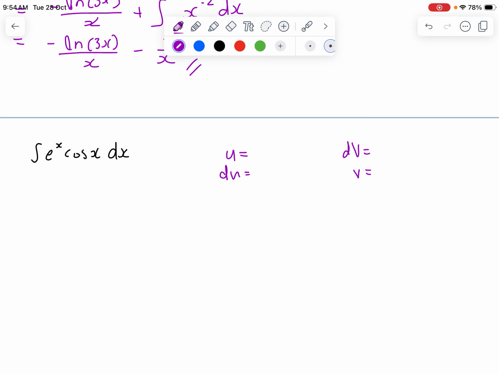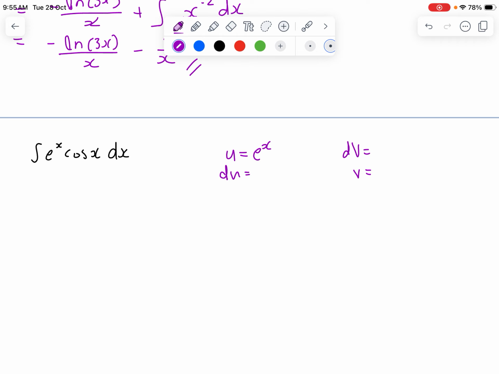Honestly, putting in both is fine, because if I put e to the x here and cosine of x here, my v is going to be sine in some way, and if I do the other way, if I put cosine x here, e to the x is still going to be e to the x, and cosine x will always change. So it doesn't really matter in this case, but I'll just do u equals e to the x.